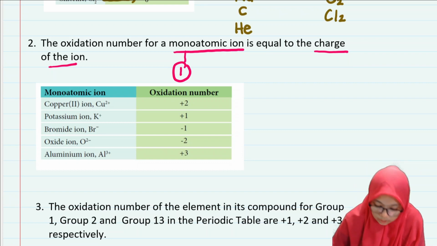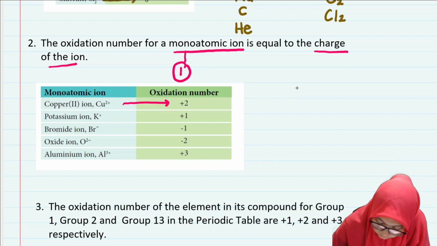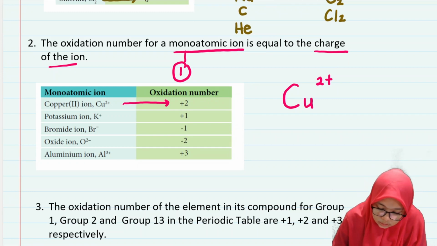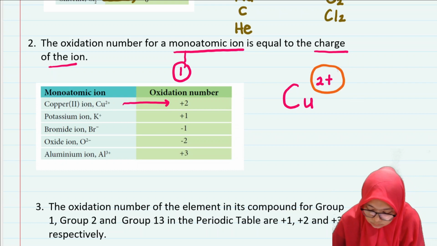So let's say we have the first example, the copper 2 plus ion, the oxidation number is +2. Note that we write the ion for copper 2 plus as Cu2+. So this is the charge of the ion, the 2 positive charge.